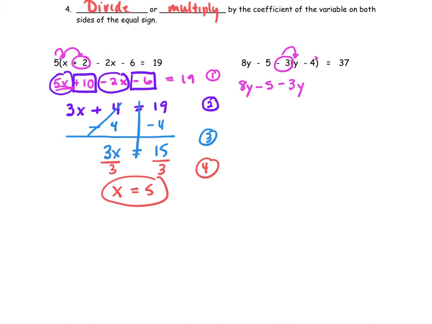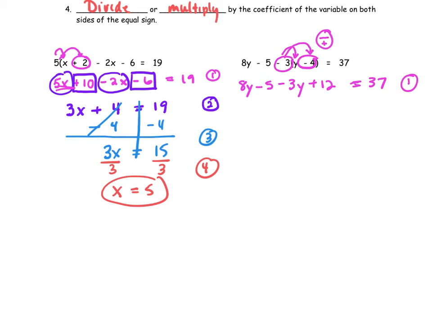Negative 3 times negative 4 would be a positive 12. So I'm going to write positive 12. And again, that 37 is just enjoying the ride for a while. That was step 1. So the signs, once again, can be tricky if we're not diligent about them.